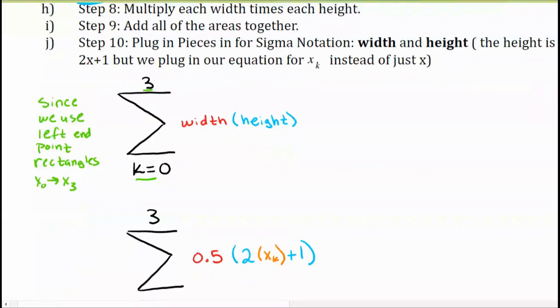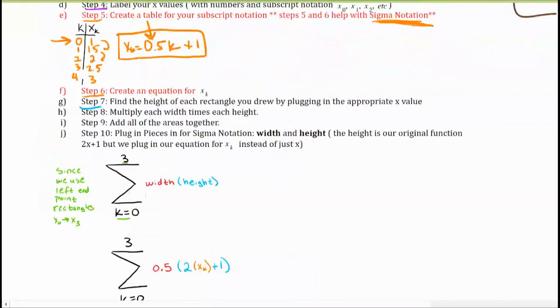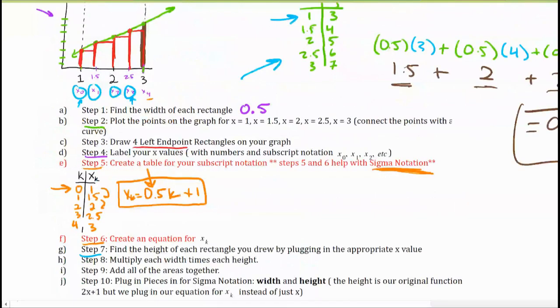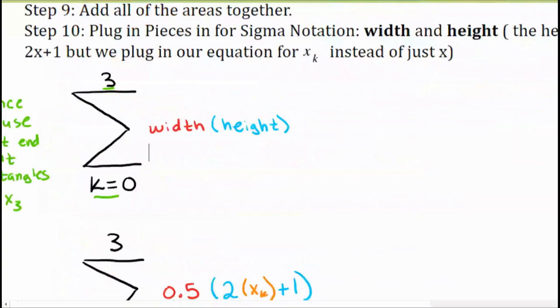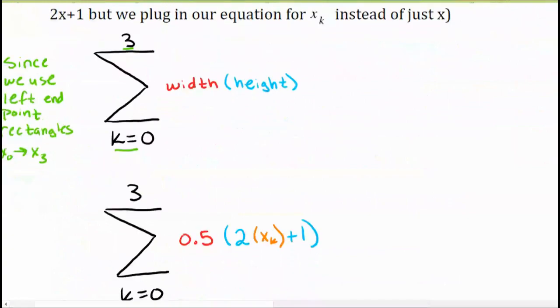The width we found, the first thing was that it's 0.5. Width is always going to be the same for each of the rectangles, and that's my first step. And so I find 0.5 there. Then for the height, well, I have 4 different heights, which is why I have to use an equation. And I'm going to use the original equation that we were given, where we had f of x equals 2x plus 1.